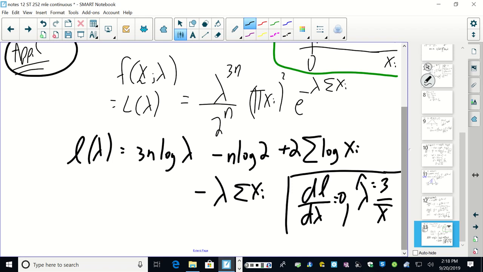It isn't working out very much like the exponential one in terms of getting 1 over x bar, but there's that 3 in there, so it gets incorporated this way. I'll let you check that one, because after combining, logs, and differentiation, it's kind of the same deal. Sometimes it looks like what you expect, sometimes it's a little bit different.